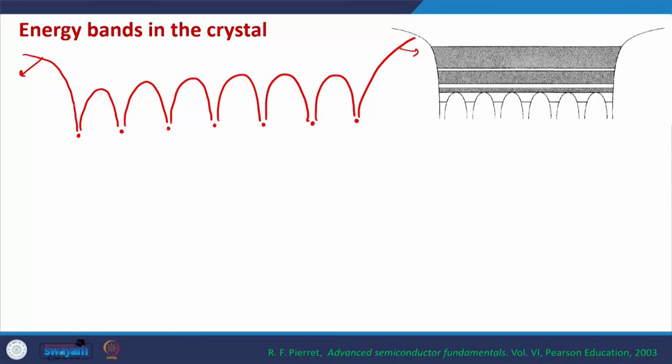So, if we picture that in this particular potential profile, let us say this energy value is allowed, we will have a range of energy values which are disallowed. For example, energies between these two levels will be disallowed. And this energy range will be allowed.